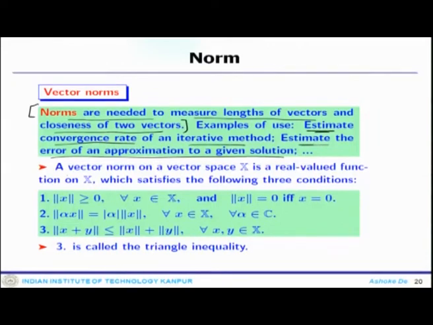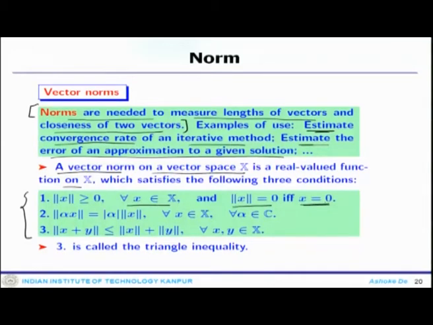Now, the second important point is that a vector norm on a vector space X is a real valued function on X which satisfies three conditions. Number 1, the magnitude must be greater than or equal to 0 for all x belonging to that vector space, and the magnitude would be 0 if and only if the vector is 0.